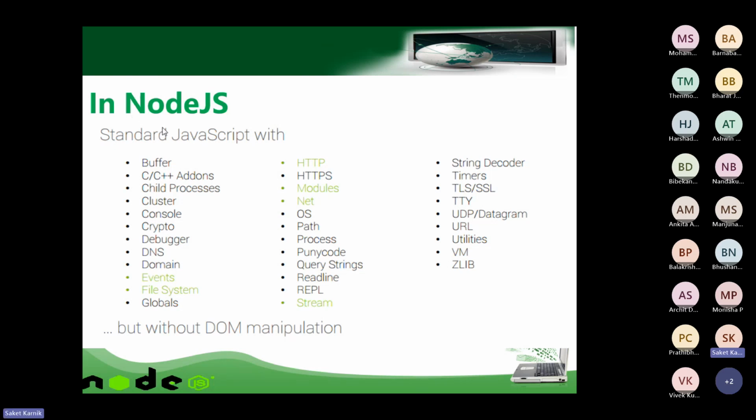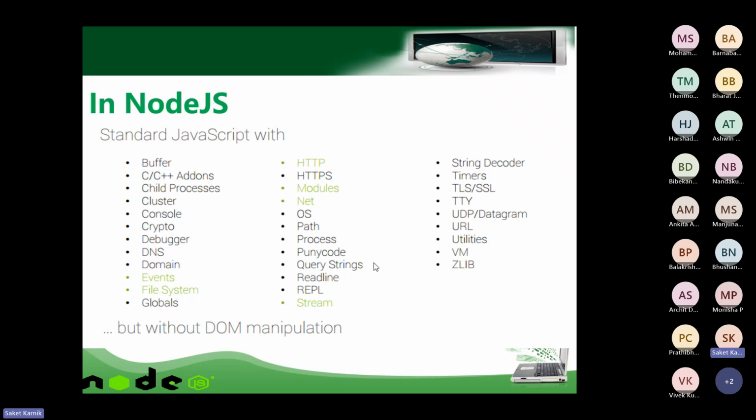Now, in Node.js, what all services do you get with JavaScript? This is the complete list of the features that you are getting. In addition to basic JavaScript features, you have access to events, file system, HTTP client, modules, networking, streaming.